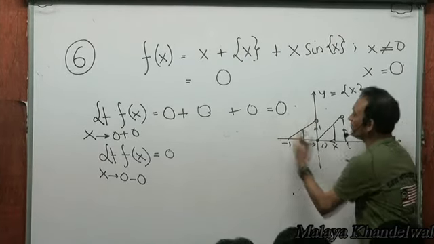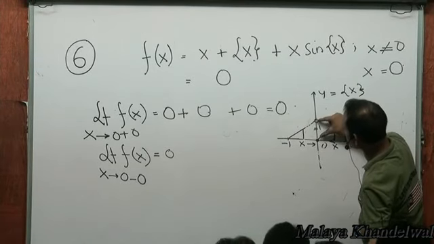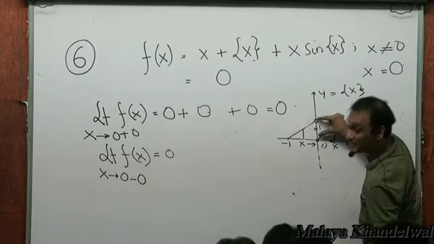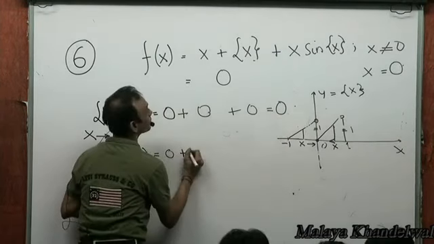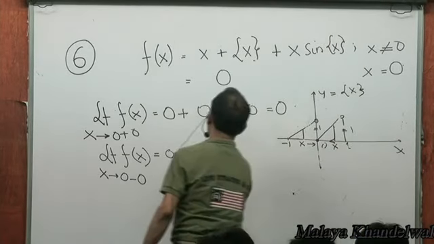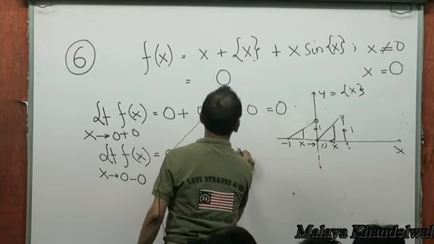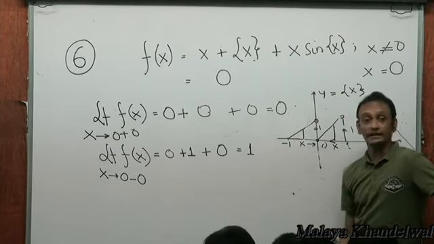Yes or no? So the left hand limit at x equal to 0, fractional part of x comes closer and closer to 1. So the left hand limit is 1. So this will become 1 plus. This anyways tends to 0. This anyways tends to 0. So this becomes 1.